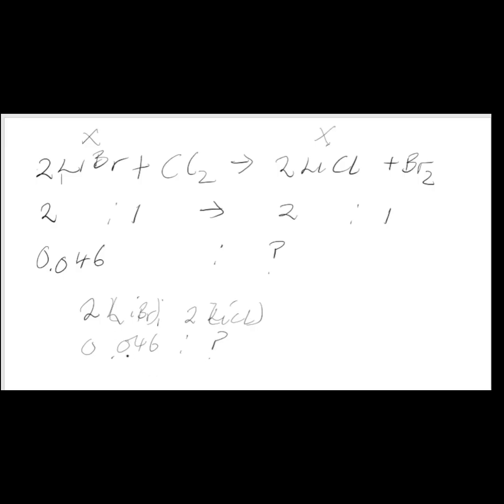We say 0.046 over 2 times 2, which is basically the same because the ratio is 2:2.